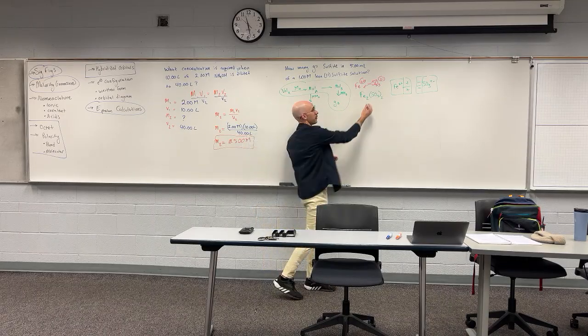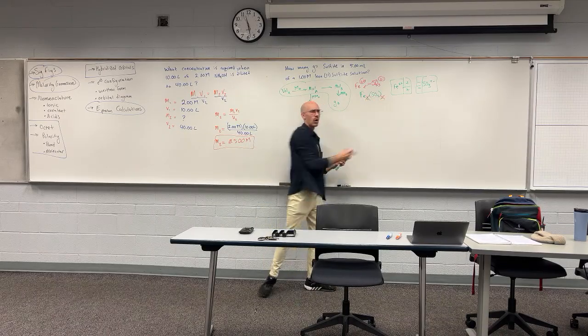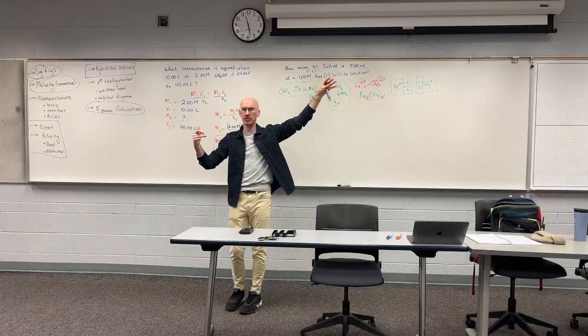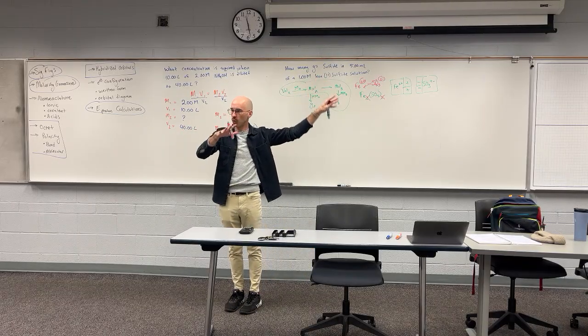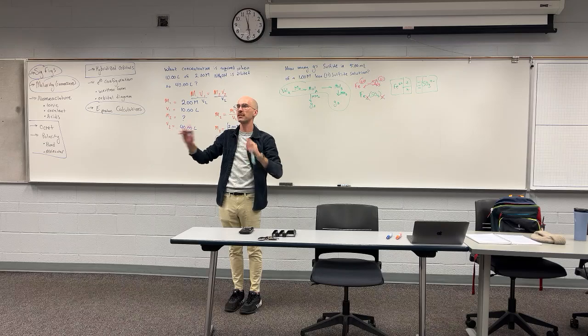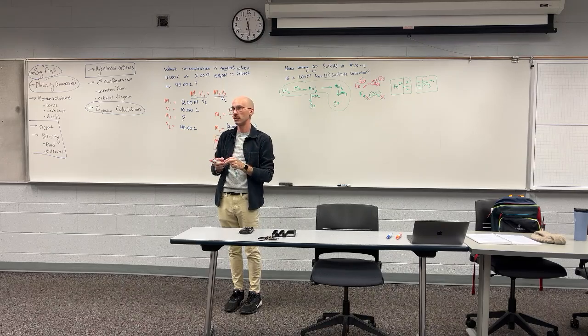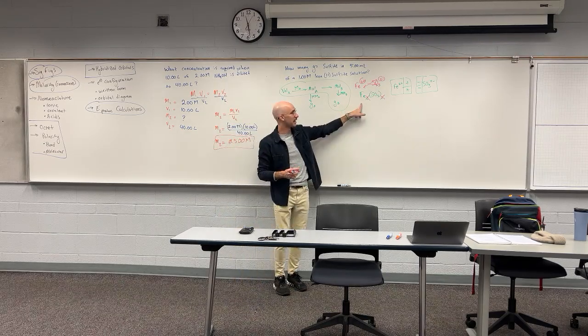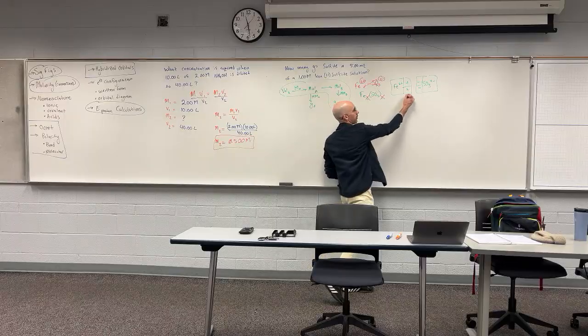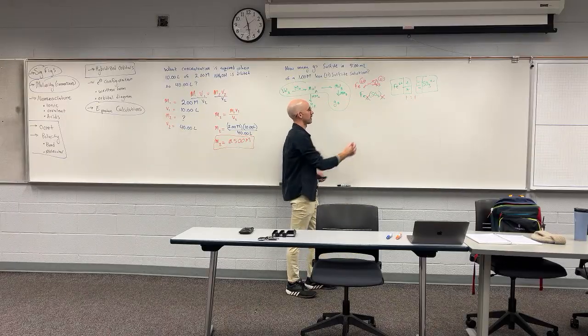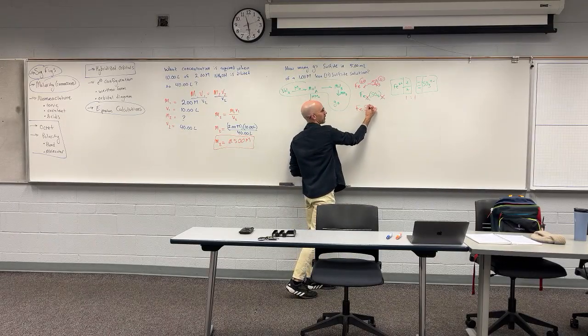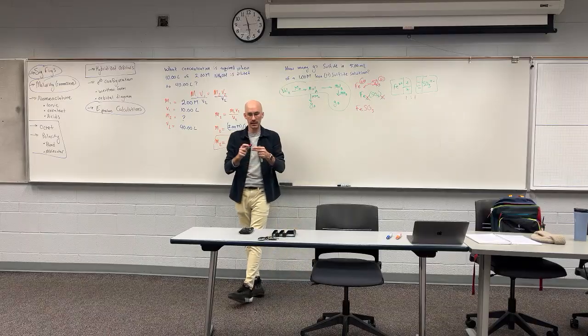But if those are the same, or if they have some common denominator, we divide by that common denominator to get the lowest ratio of ions necessary. And here we can see it's just 1 to 1, 2 divided by 2. So my chemical formula is FeSO3.